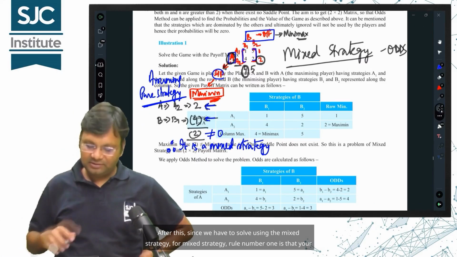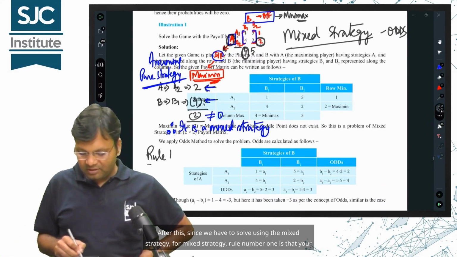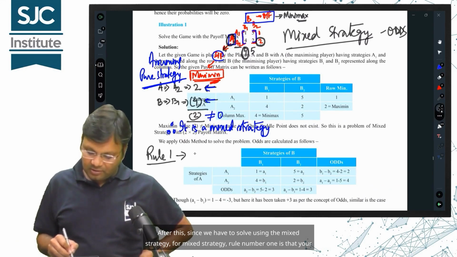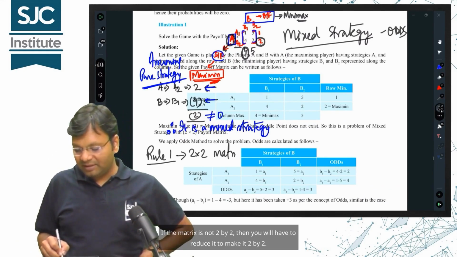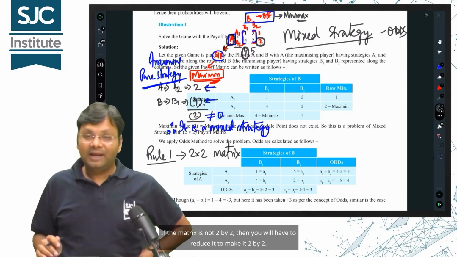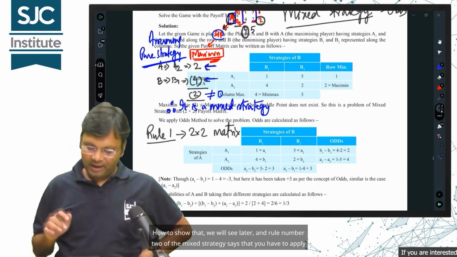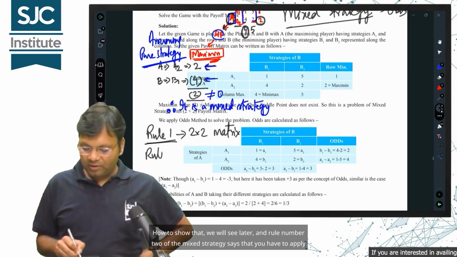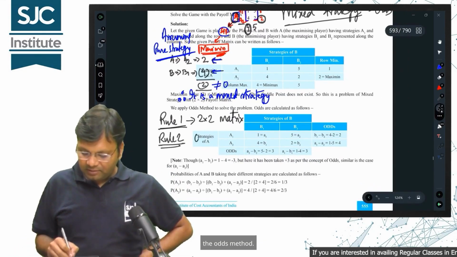After this, since we have to solve using the mixed strategy, for mixed strategy, rule number 1 is that your matrix should be 2 by 2. If the matrix is not 2 by 2, then you will have to reduce it to make it 2 by 2. How to show that, we will see later, and rule number 2 of the mixed strategy says that you have to apply the odds method.